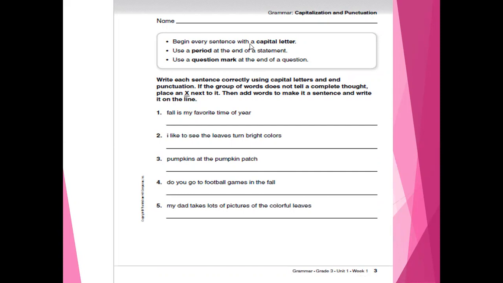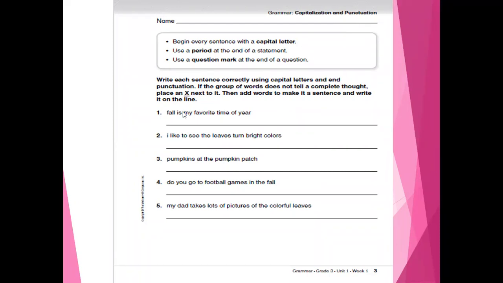So let's read the question here. Write each sentence correctly using capital letters and punctuation. If the group of words doesn't tell a complete thought, if it's a fragment, place an X next to it, then add words to make a sentence and write it on the line. If it doesn't have a subject or predicate, we should add them.